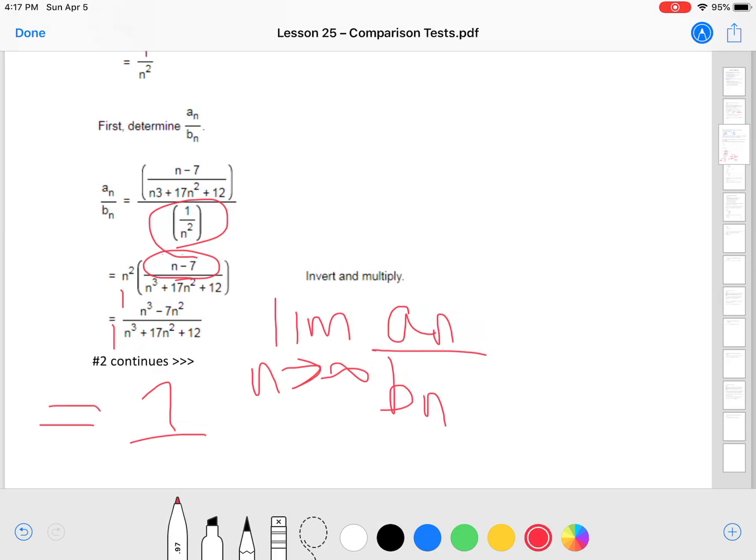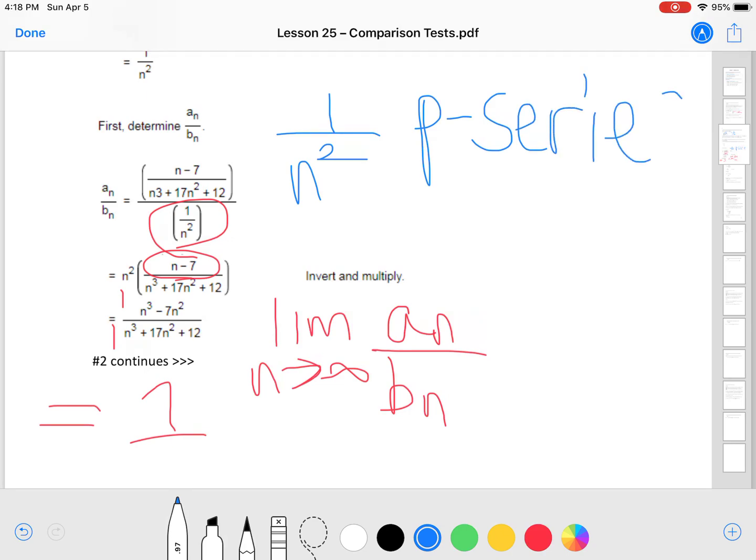So that means because we got a positive limit, then either both series converge or both series diverge. Well, our made-up series, 1 over n squared, is a p series with p, the exponent, equal to 2.